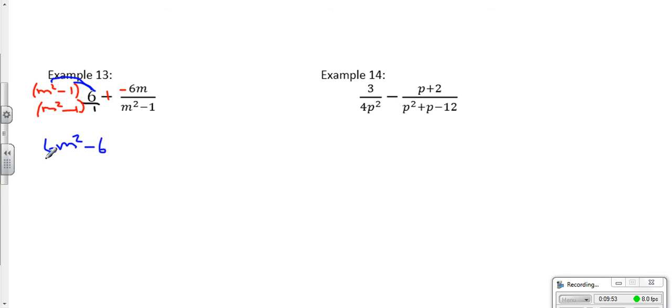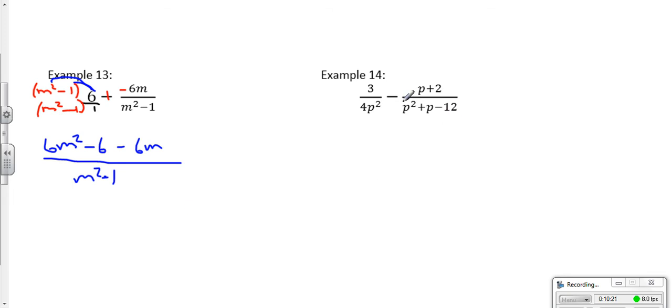Now the second one already has the common denominator, so I'm just going to write minus 6m, because there's nothing that needs to be fixed in the second fraction. There's no like terms, so officially you write 6m squared minus 6m minus 6 because that's standard form, but I'm just going to leave it like it's written, and that would be good enough.